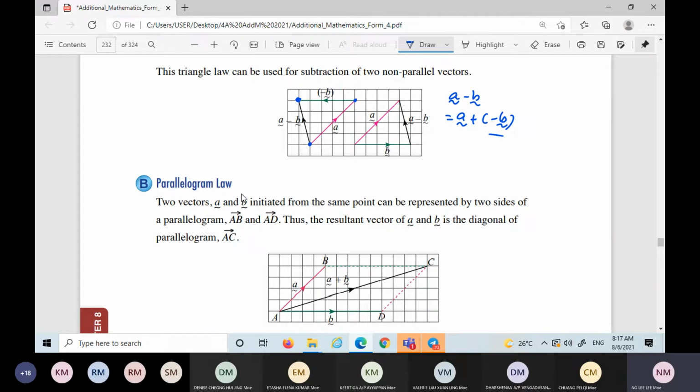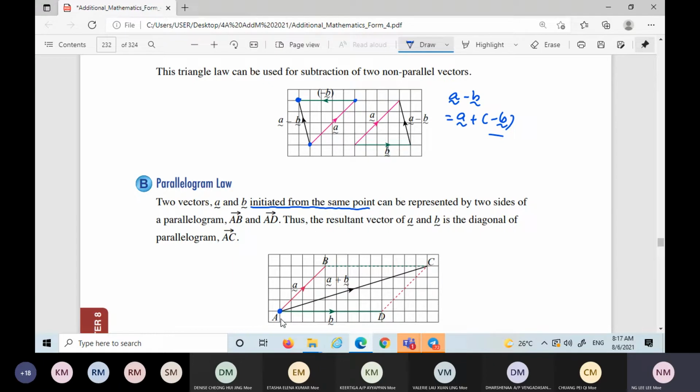But for parallelogram law, the two vectors must be initiated from the same point. This is the key. It means vector A and vector B start at the same point, and can be represented by two sides of a parallelogram.